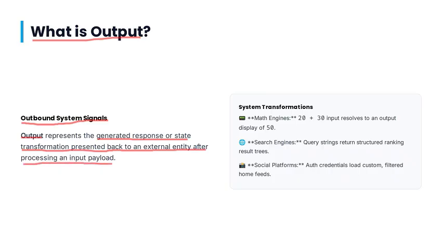That is, the input is given, it is being processed, and the result we get is known as the output. Such as in math engines, 20 plus 30 input resolves to an output display of 50. Search engines query strings return structured ranking result trees. Authentication credentials load custom filtered home feeds.